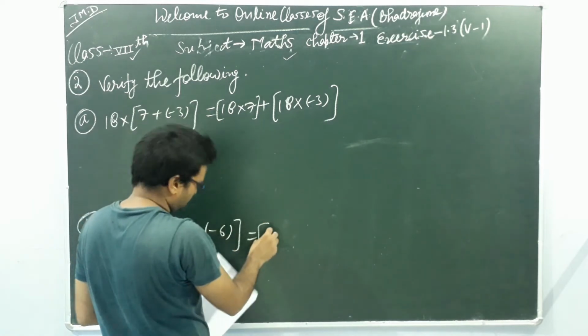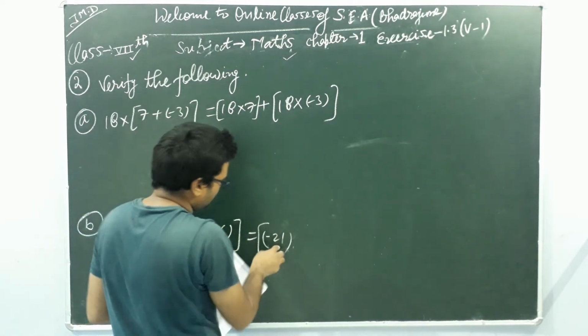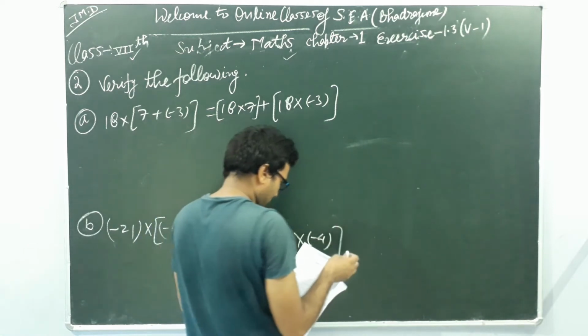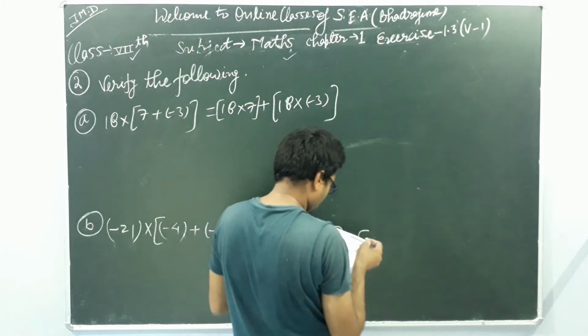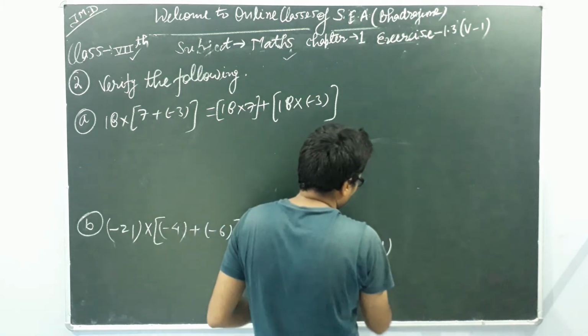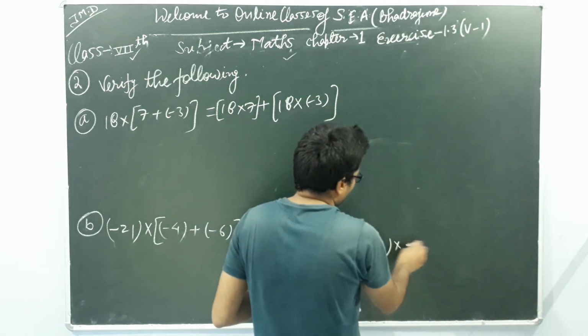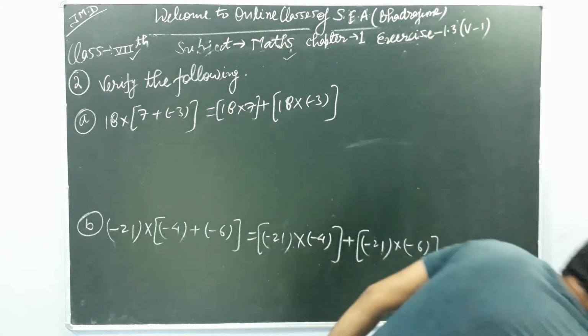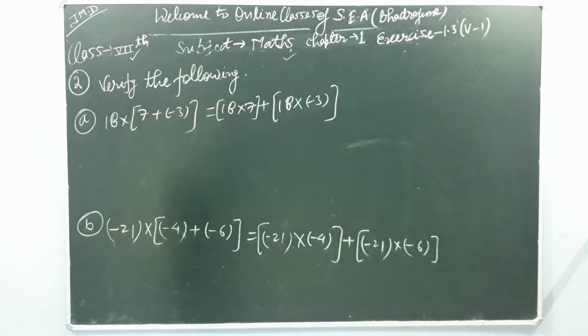This equals minus 21 multiplied with minus 4 plus minus 21 multiplied with minus 6. Okay, so what is our question number second, part B?